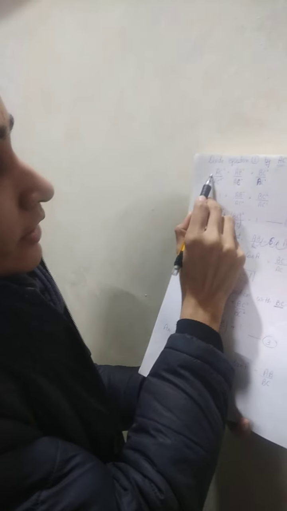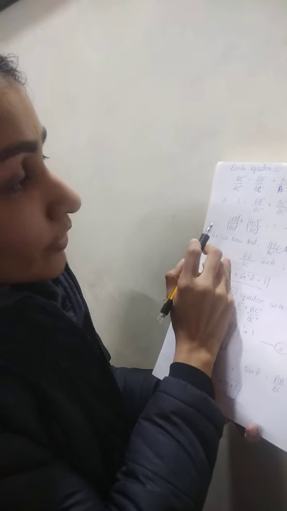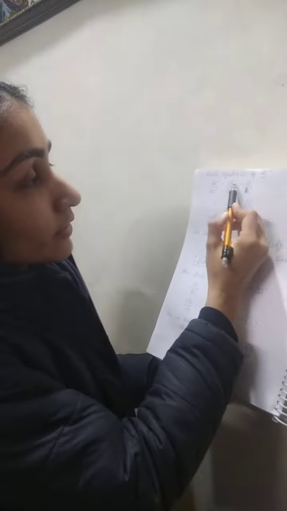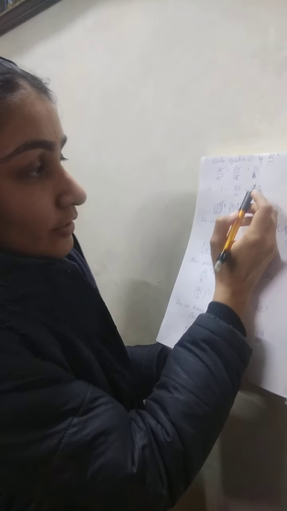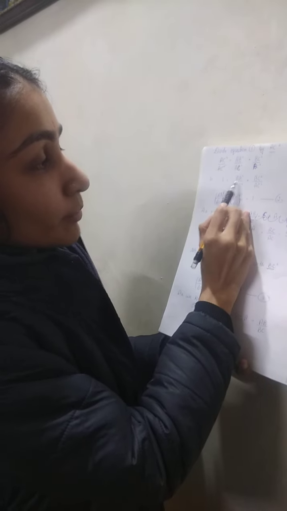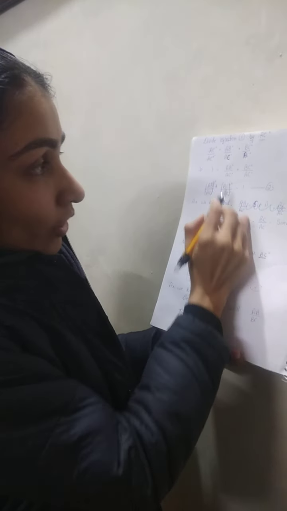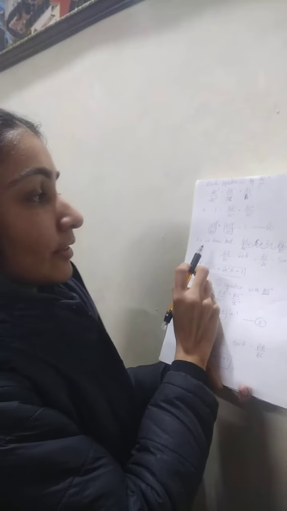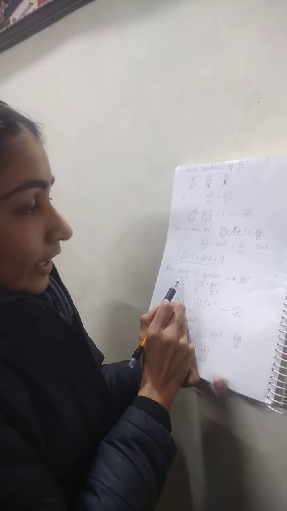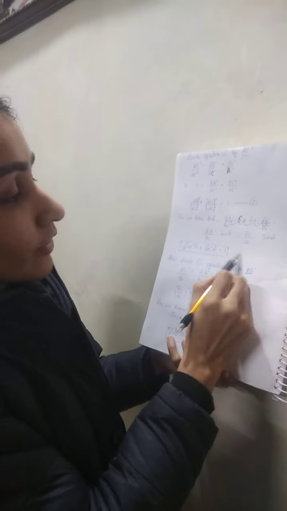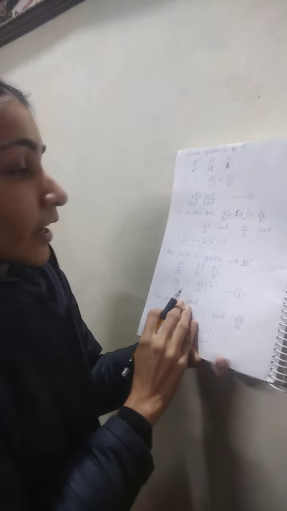AC square will cancel out, and we get AB square over AC square plus BC square over AC square. As we know that AB over AC is equal to cos A, and BC over AC is equal to sin A, we will put these values in the second equation. We will get our first trigonometric identity.